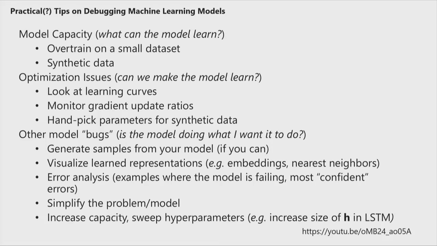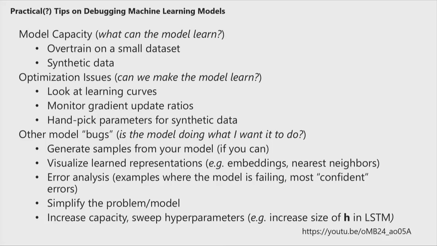But common things are: take a small sample of your data set and try to overfit your model. If your model cannot learn even your small data set, you probably have a bug somewhere. Or try synthetic data. Encode the problem you're trying to solve as a very synthetic problem and see if your model can actually solve it. If not, then maybe you can find from how it fails where the problem in the code appears.